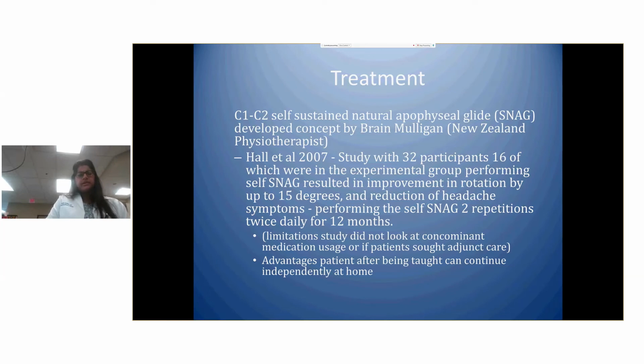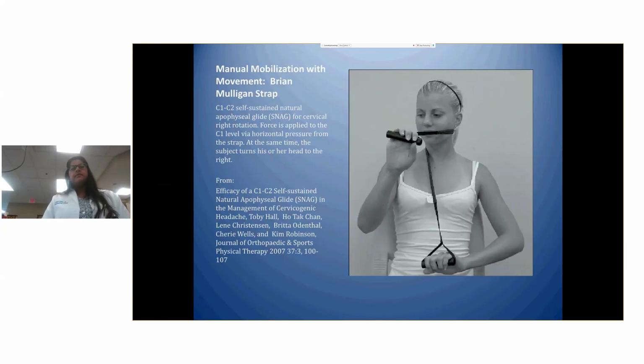So I'm going to show you the next slide. The advantage of that self-snag also is once the patient is trained, they can do it at home versus coming into a therapy session or using certain equipment. So this next slide shows the Mulligan strap, where the patient is turning towards the right.